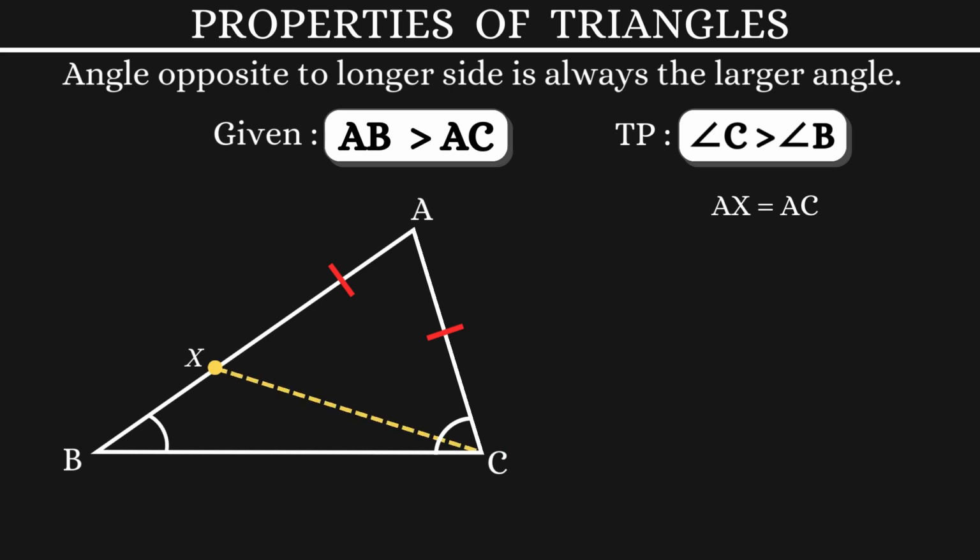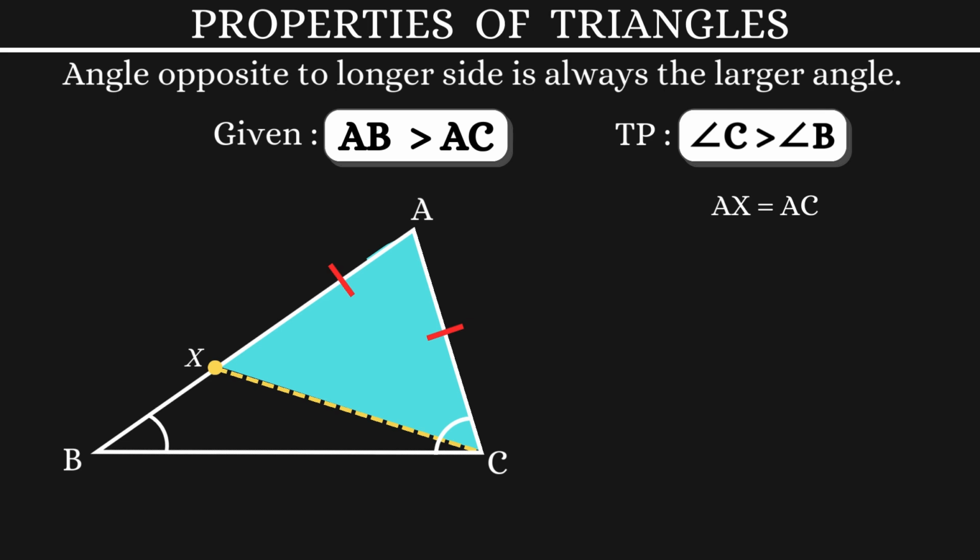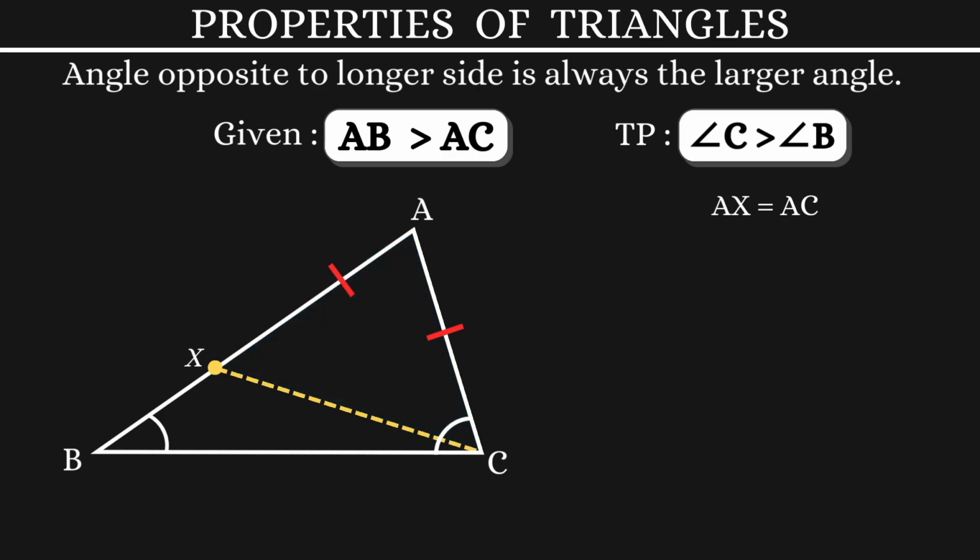The triangle thus formed, AXC, is an isosceles triangle. So, we can say that angle AXC is equal to angle ACX.